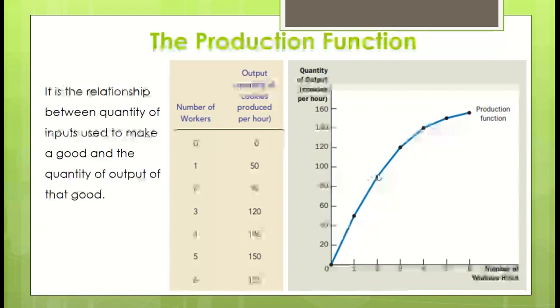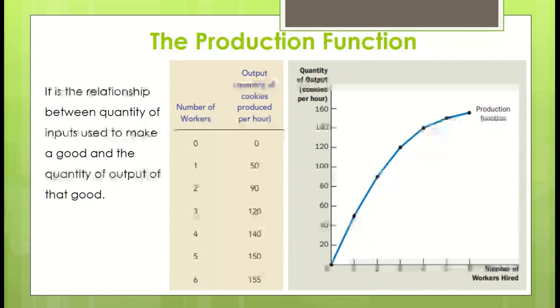From this point to this point, it is the slope of the production function, that is MPL. From this point to this point again, and similarly for these 2 points. So we can say that marginal product of labor is the slope of the production function.